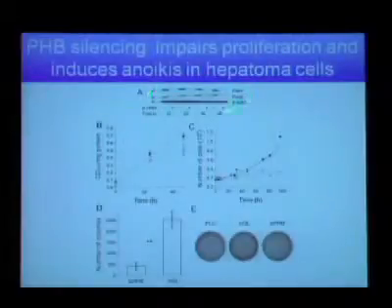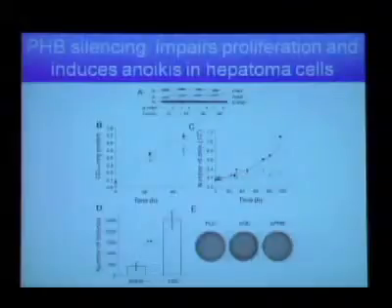And the downregulation of PHB led to the impairment of the capacity of hepatoma cells to grow. The proliferation was decreased as we tested by two independent methods. This is a colorimetric method. The silenced PHB-deficient cells have the open circles here, and you can see that they grow much more slowly.